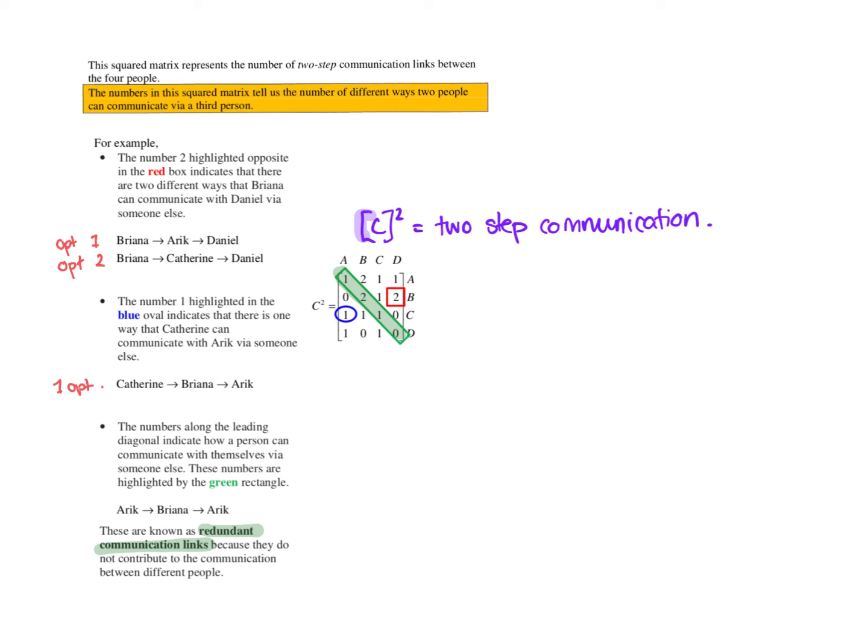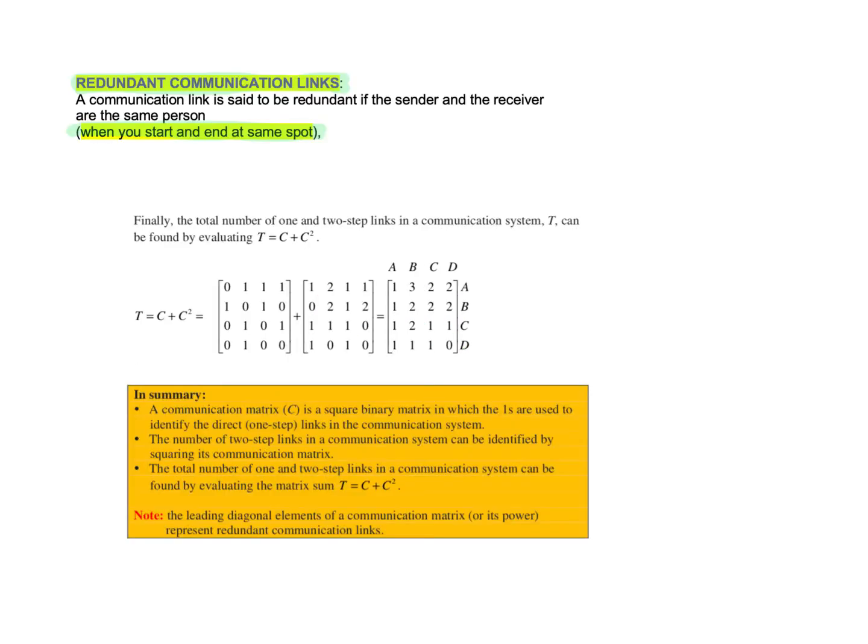A machine's communicating with another machine. The machine already knows what it's doing, it doesn't need the same message back, all right? So that's called a redundant link. We're just rehashing here: a communication link is said to be redundant if the sender and the receiver are the same person. So you end up at the same spot.